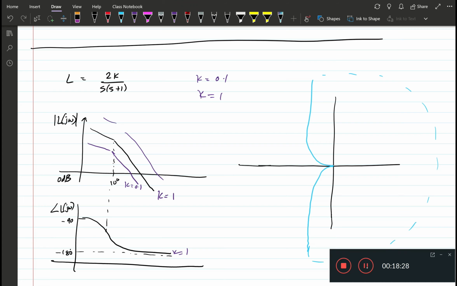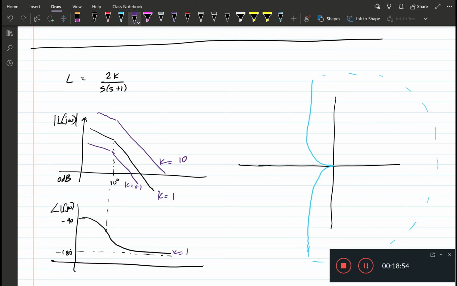I'm sorry, I'll try to draw it better. It's just shifted versions of k equal to 1. What about the phase? The phase would remain the same, because we're just scaling L. There is no phase change for different scaled versions of that one.